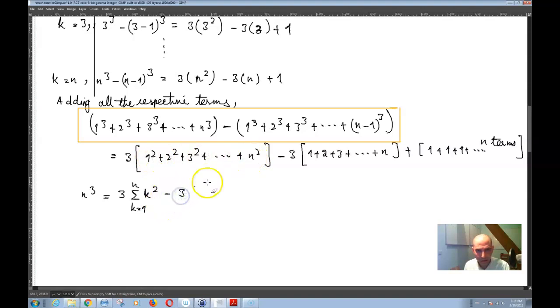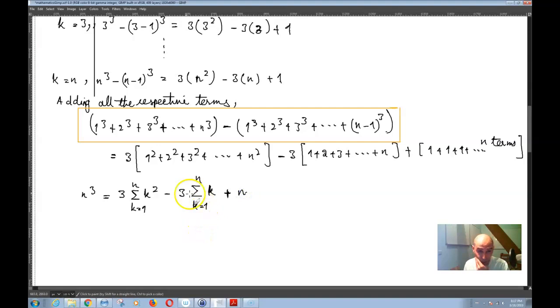Minus 3 times, and over here you can write this as sigma k, as k goes from 1 to n, that is 1 plus 2 plus 3 plus all the way up to n. And over here you have 1 plus 1 plus 1 n times, so that's just n.